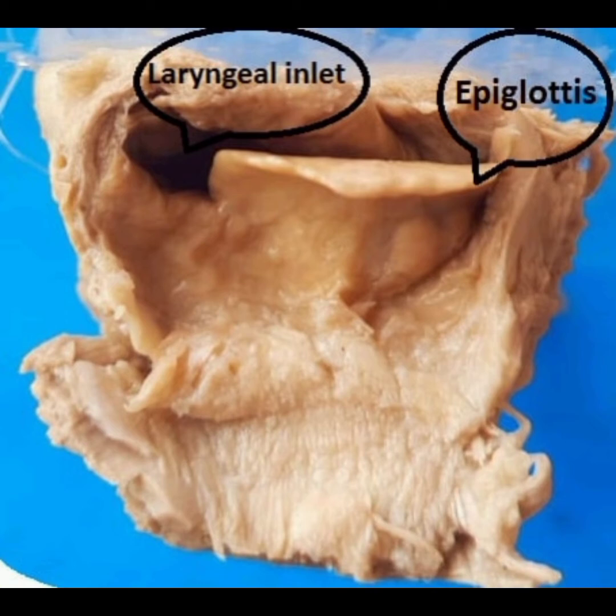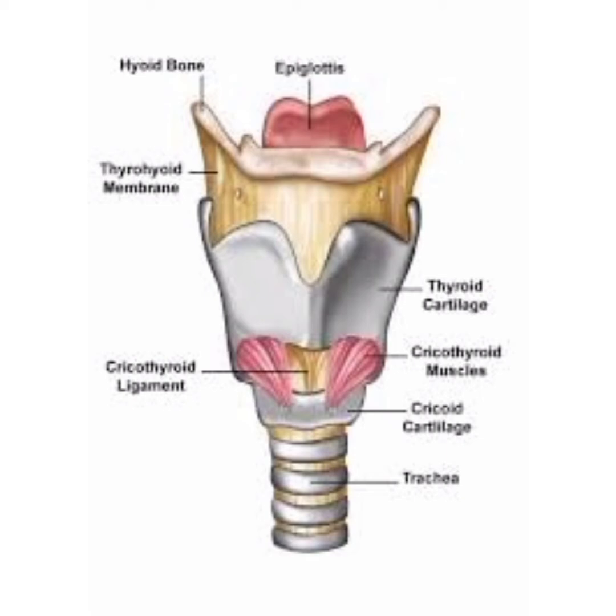So epiglottis, this is an important elastic cartilage, and it is a flattened structure which is projecting from the superior border of the larynx. The main function of this epiglottis is it serves to prevent the swallowed food or fluid from entering the larynx.